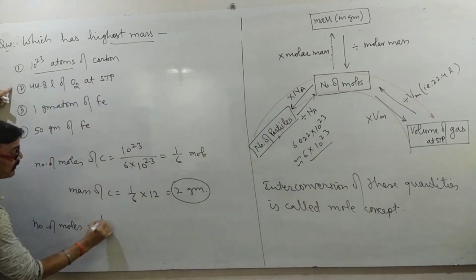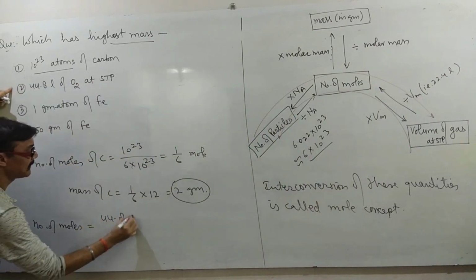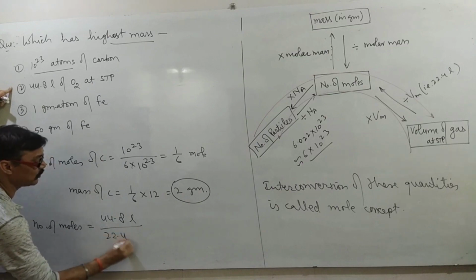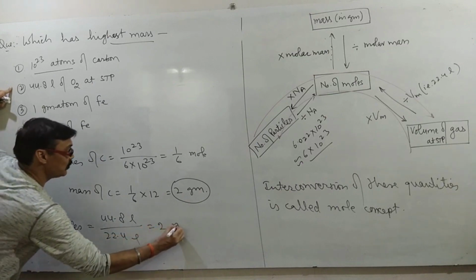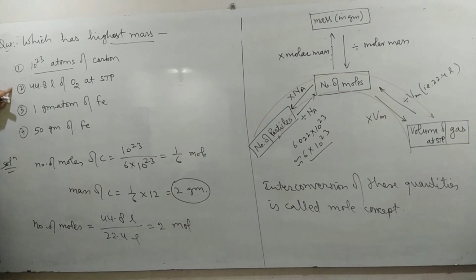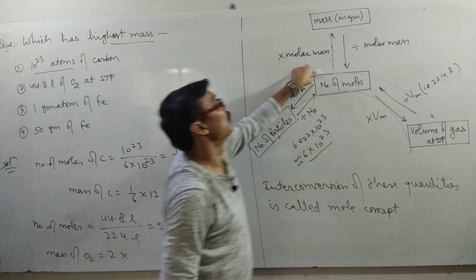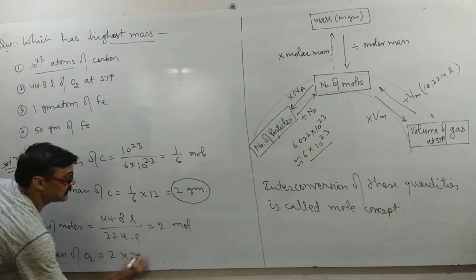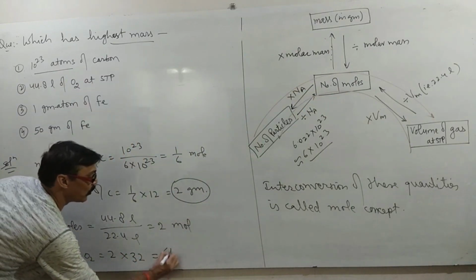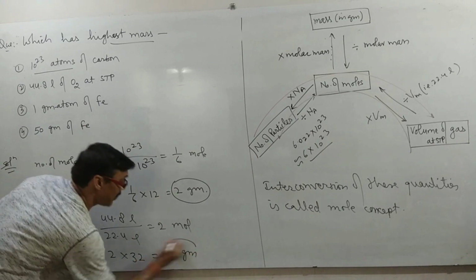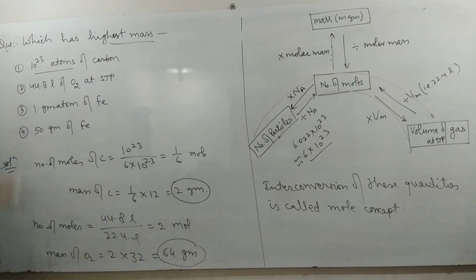Volume is 44.8 at STP divided by molar volume 22.4 liter, so it is 2 mole. Now mass of oxygen is number of moles multiplied by molar mass, and the molar mass of oxygen is 32 gram per mole, so obviously 64 gram. The mass of 44.8 liter of oxygen at STP will be 64 gram.